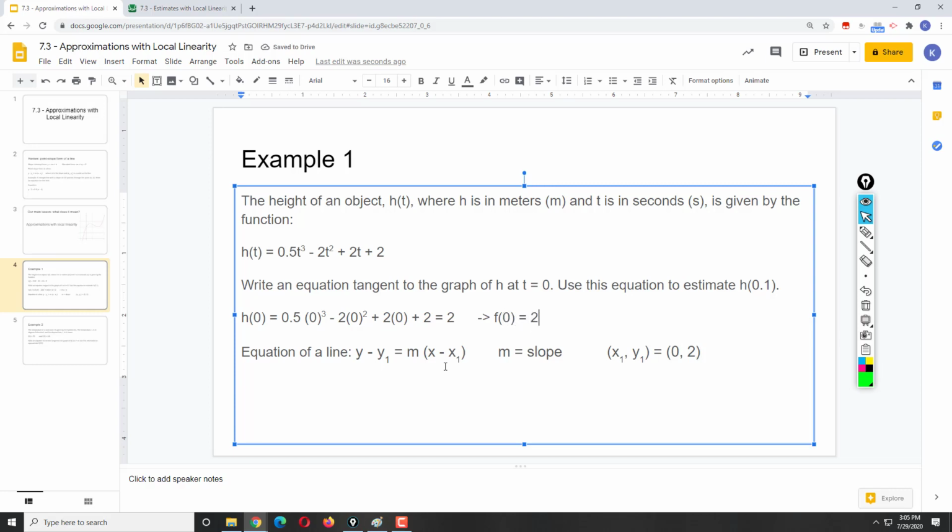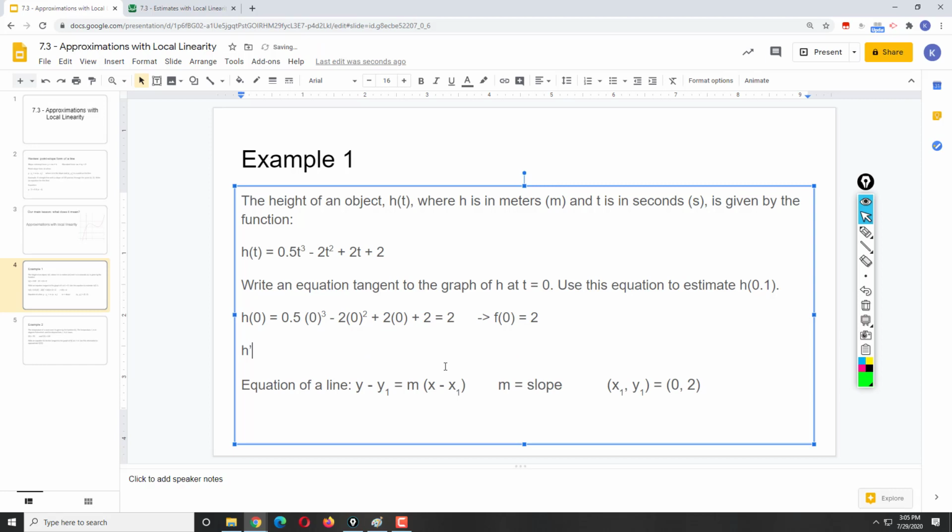The slope, to figure out slope, we can use our derivative. The derivative of h of t, h prime of t, is equal to 1.5 t squared minus 4t plus 2. That means the derivative at 0 is 1.5 times 0 squared minus 4 times 0 plus 2, which is still equal to 2.